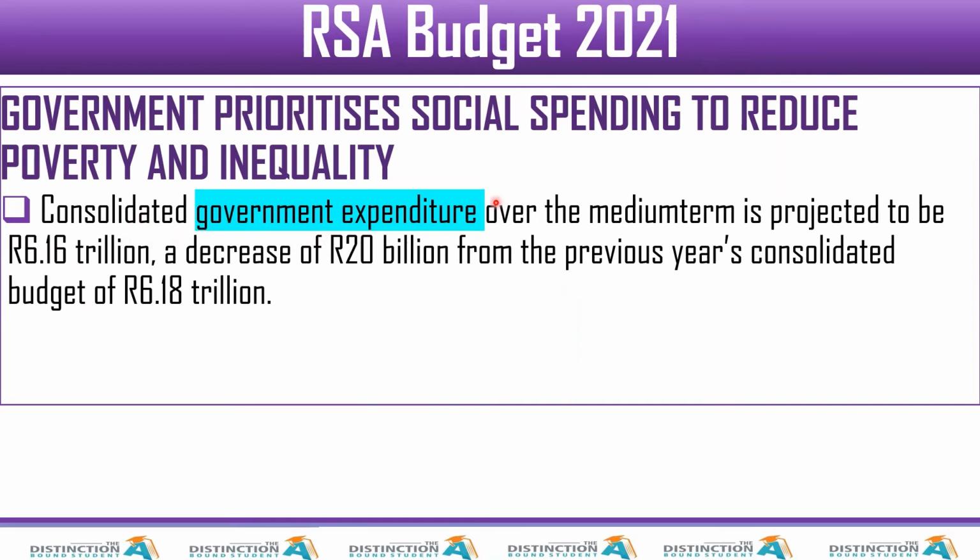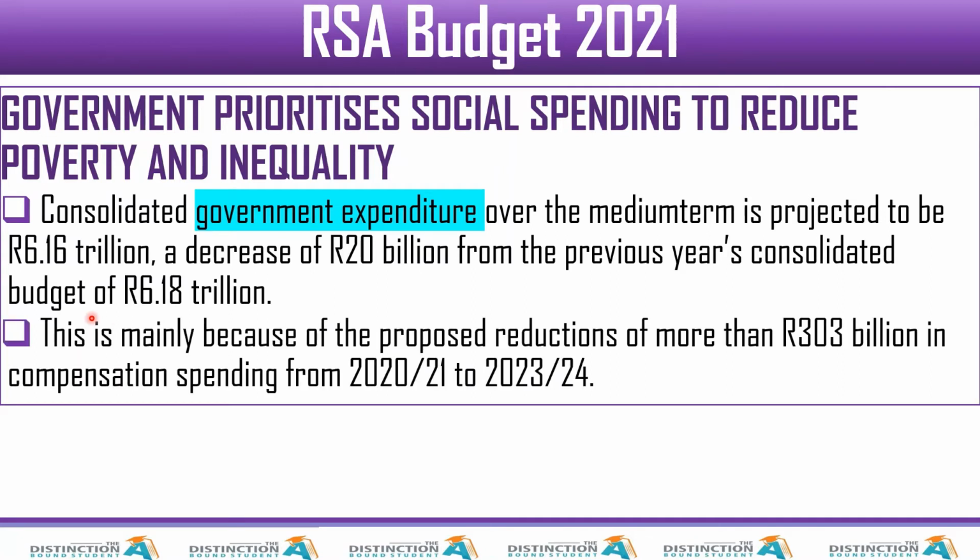consolidated government expenditure, which is the G, over the medium term is projected to be 6.16 trillion, a decrease of 20 billion rands from the previous year's consolidated budget of 6.18 trillion.